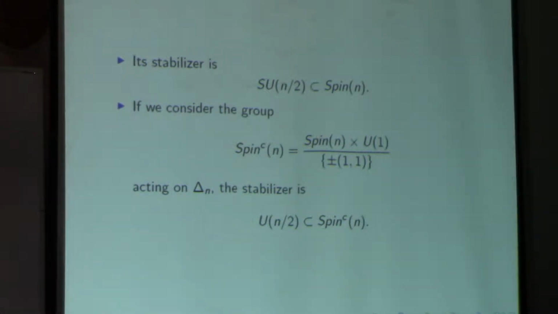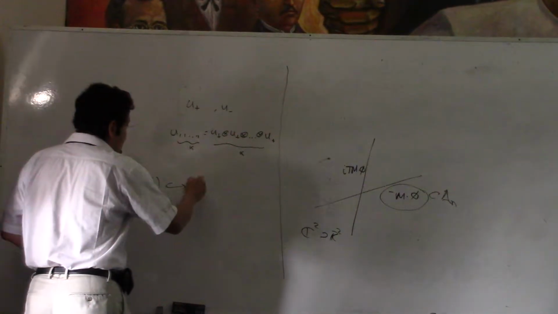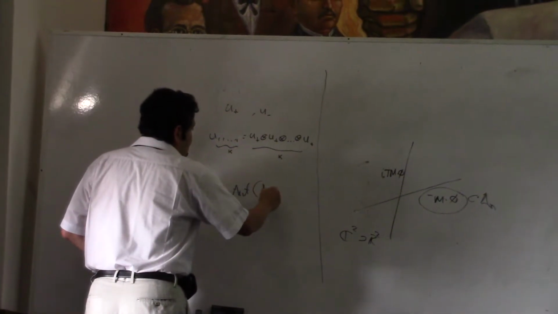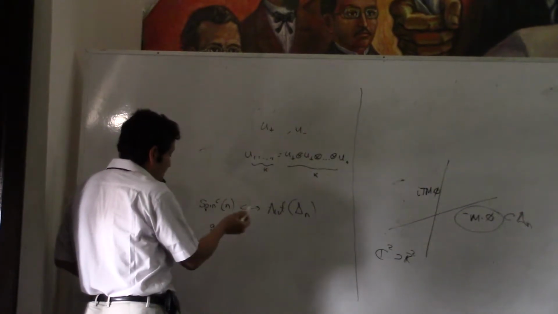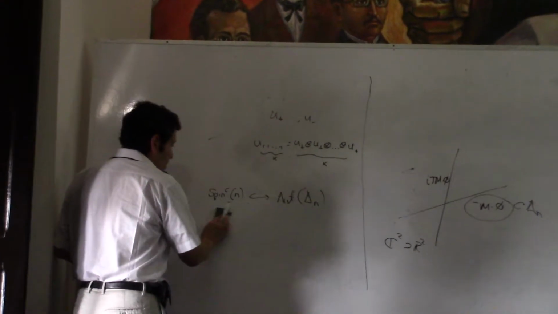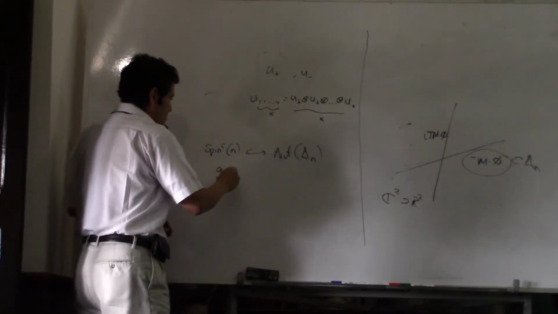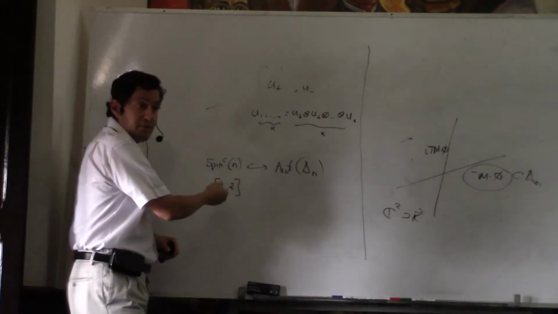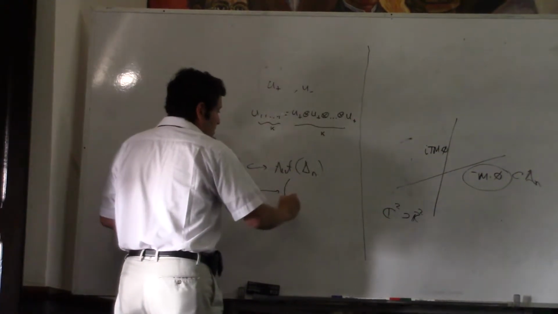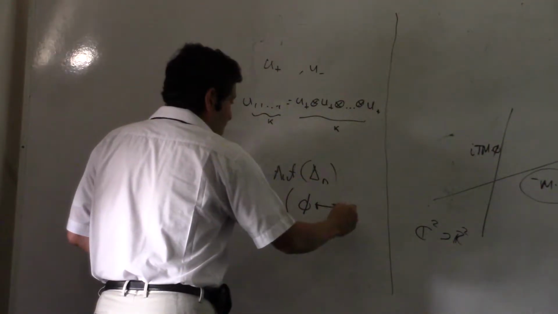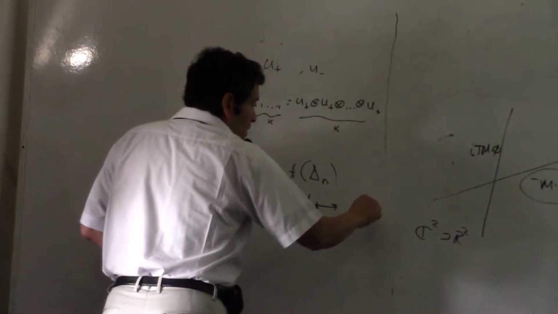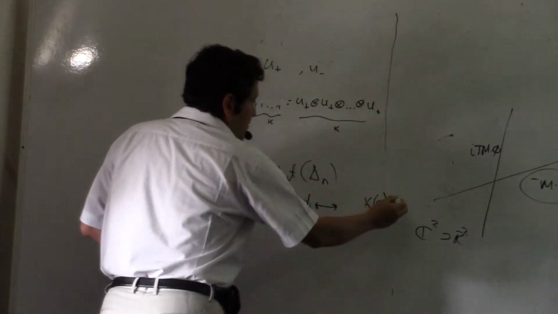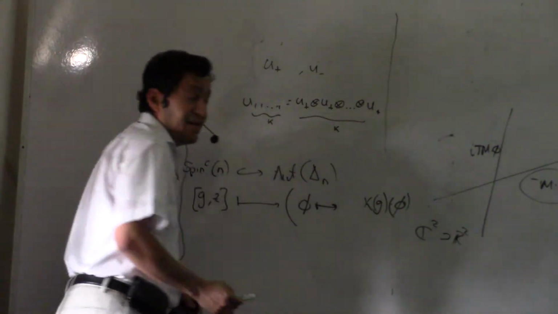Now, let me tell you how you make this act on the spinors. You take an element here, an element of spin and a complex number. Can you see what I'm writing? Sometimes I write too small. You take one of those and you will act on spinors. Let's say in the notation I introduced, shall I rewrite everything?